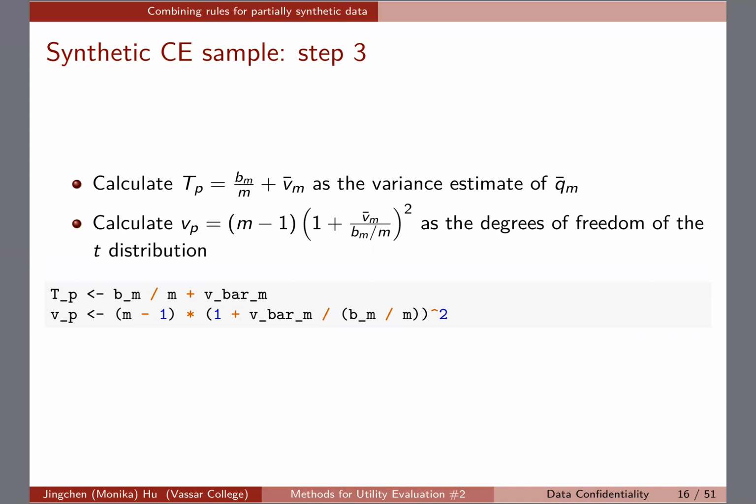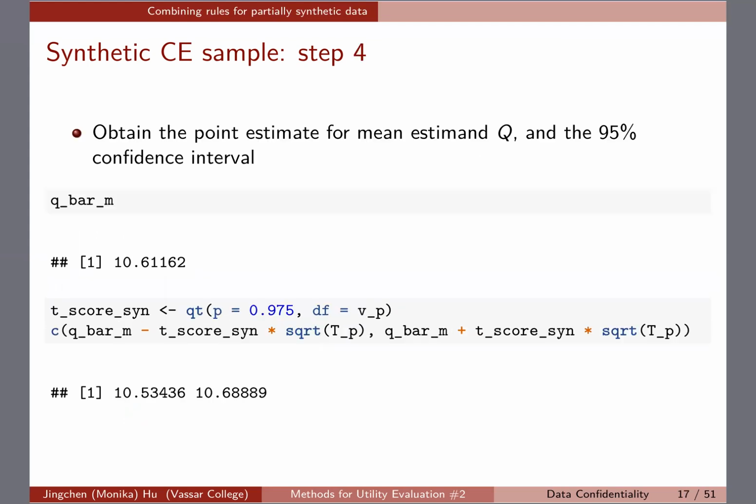So just be careful, don't make mistakes, and do it step by step. And lastly, we get the point estimate, which is Q bar M, right? And then also using the T, right? We talked about the t-score and all that. This is also easy to make a mistake on: you can compute the t-score using the V_P, that's fine, because that's the degrees of freedom. Don't forget that you're using the qt function because you're trying to get the t-score.